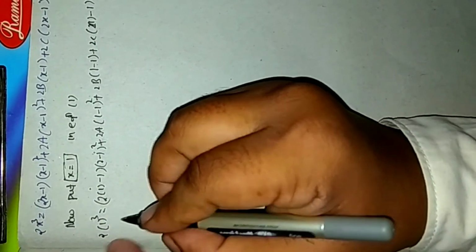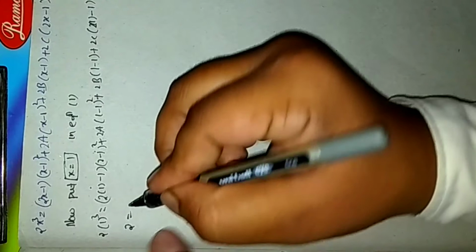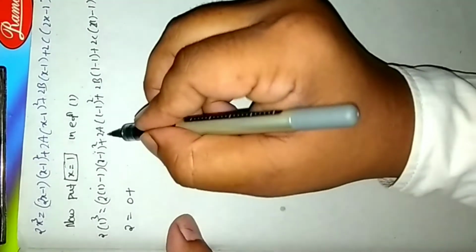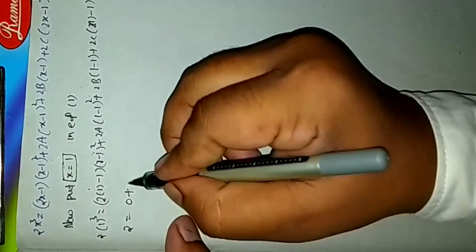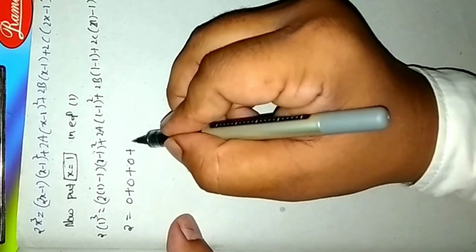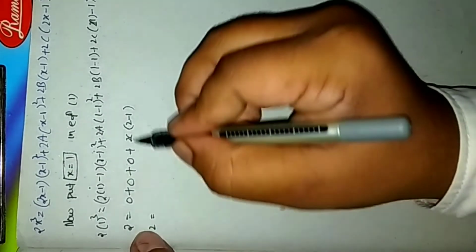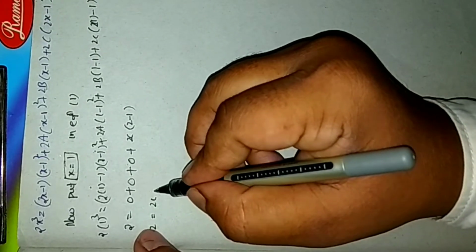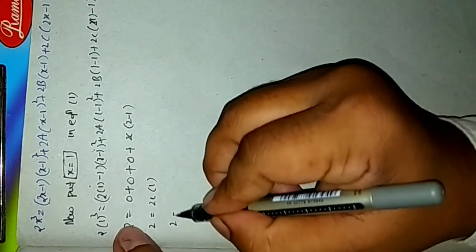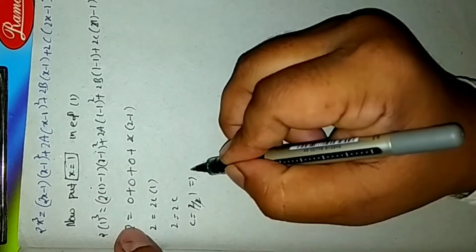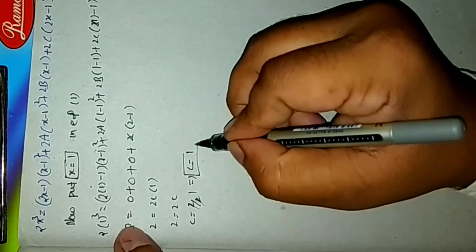So here 1 cube is 1, so 2 into 1 is 2. The other terms become 0, plus 2c of (2 minus 1). So 2 is equal to 2c of 1, so c is equal to 2 by 2, which is 1. So c is equal to 1.